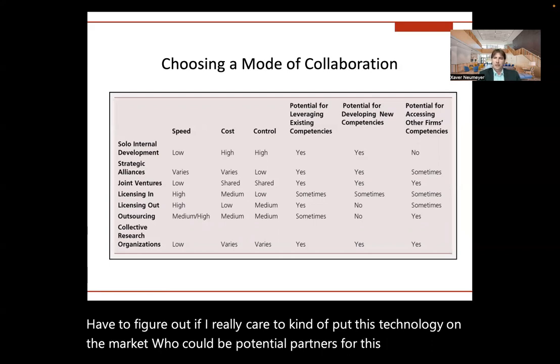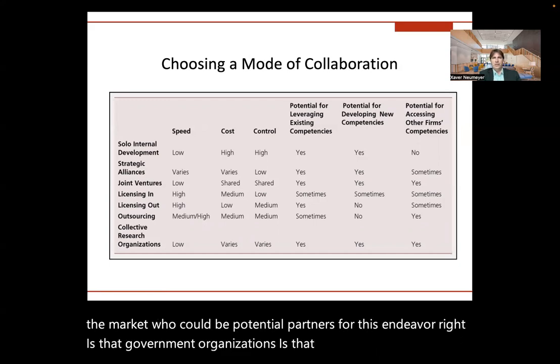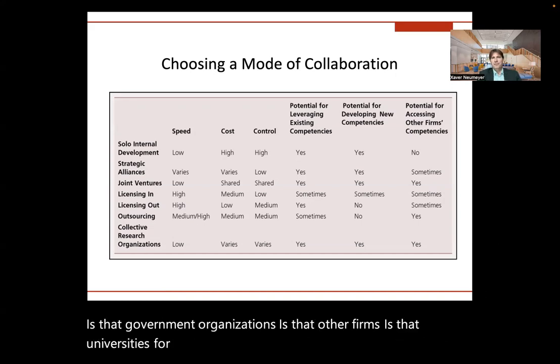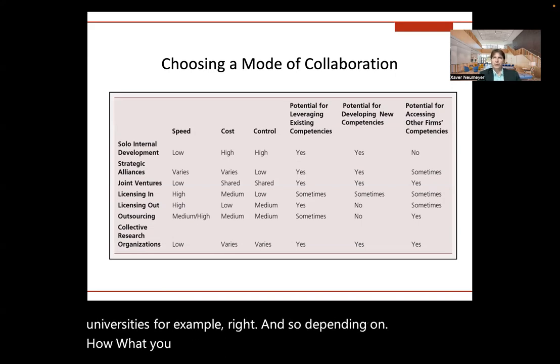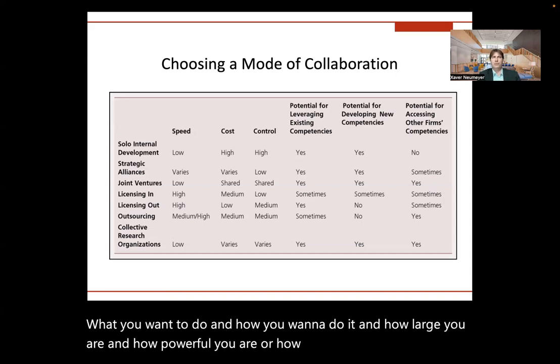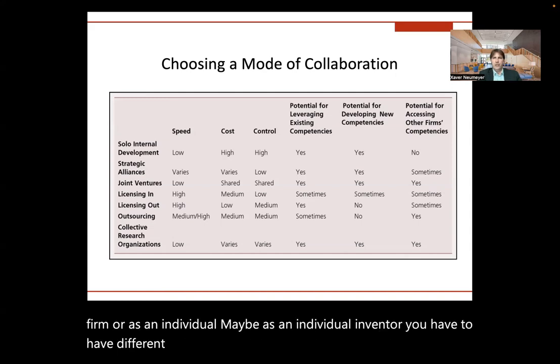Is that government organizations? Is that other firms? Is that universities, for example? Depending on what you want to do and how you want to do it, and how large you are, how powerful you are, or how much money you have as a firm or maybe as an individual inventor, you have different configurations of collaborations here.